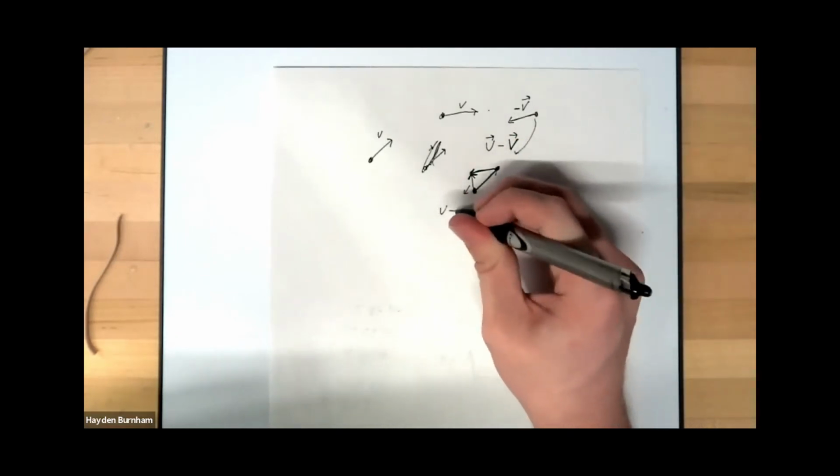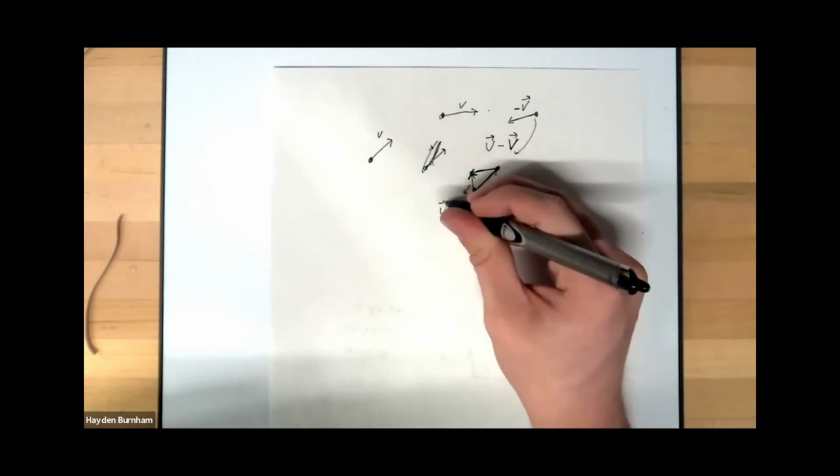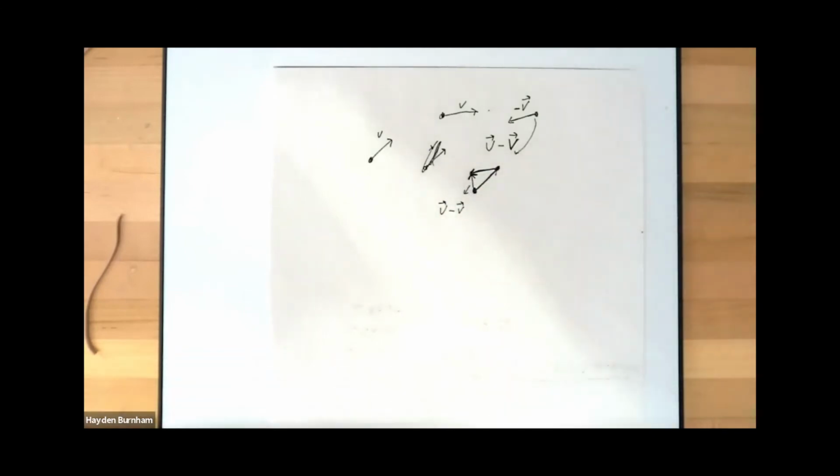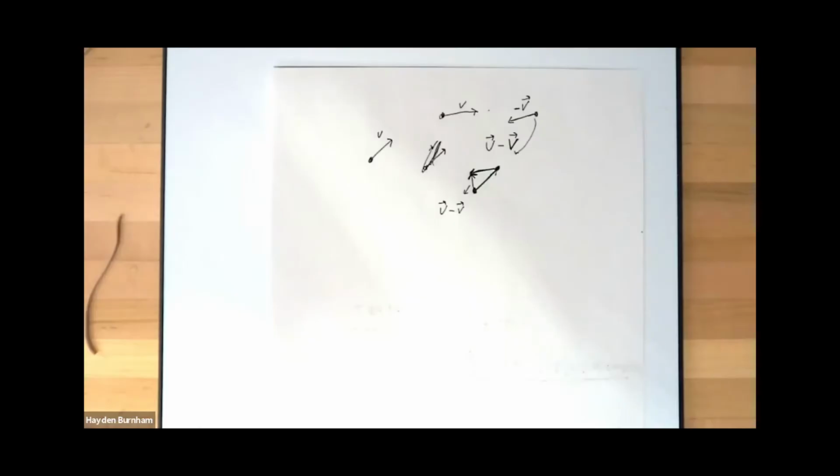That would be u minus v. I hope that wasn't too confusing. So could you technically just do u minus v in the first place? You're just physically demonstrating how to do it? Yeah, pretty much. Oh, okay. Okay. Yeah.